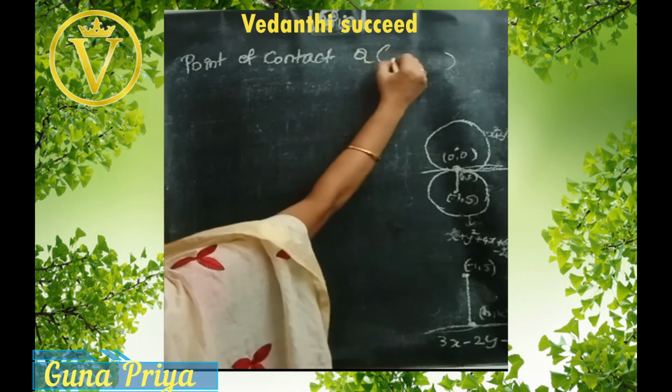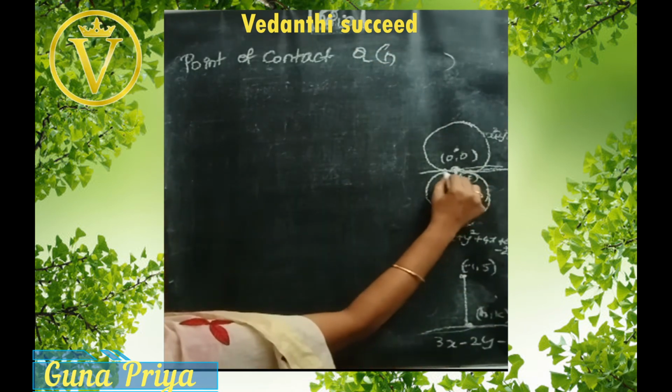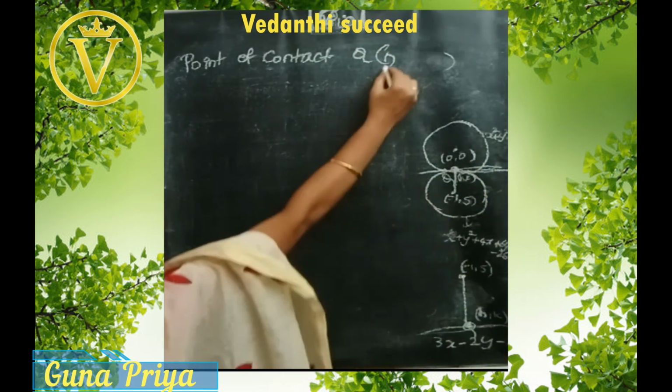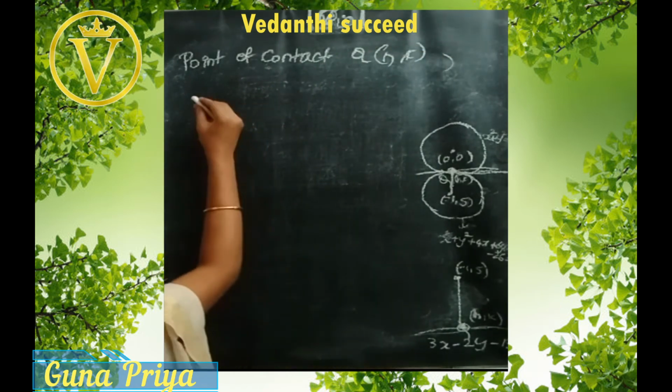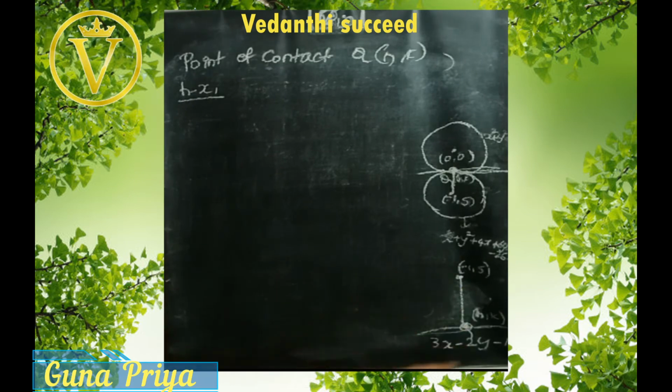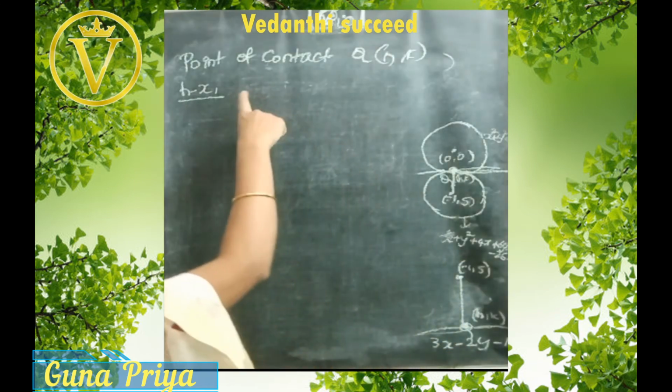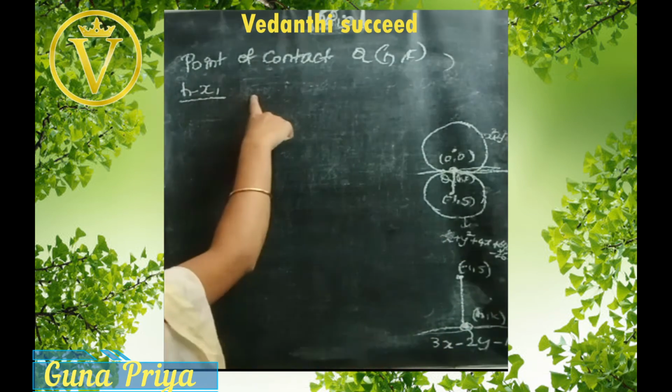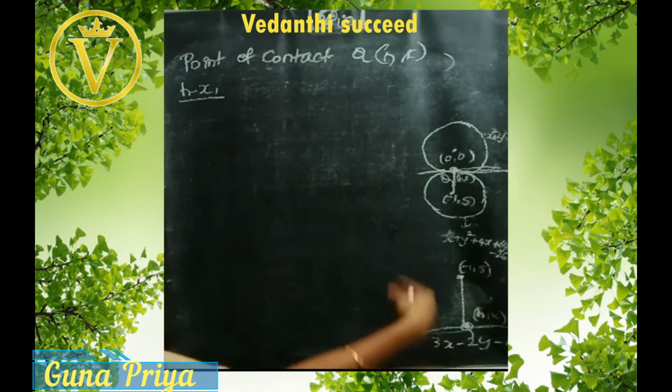Let's think this is Q, the point (h, k). For this we write h minus x1 and so on. For finding this point of contact, the diagram is this only.